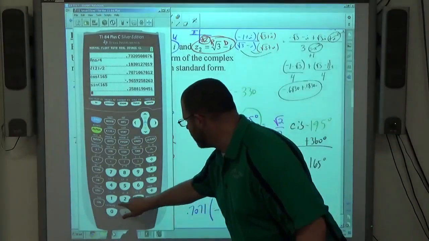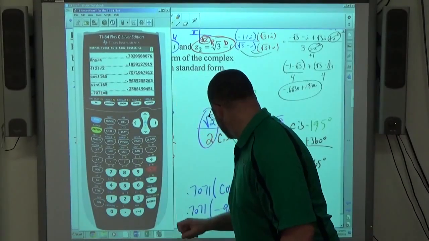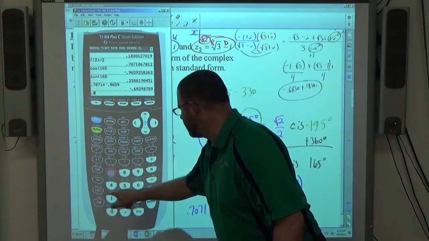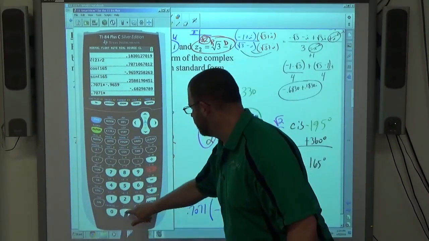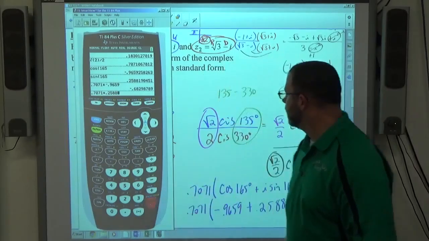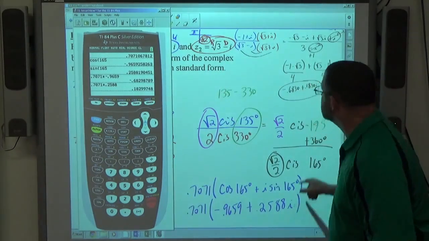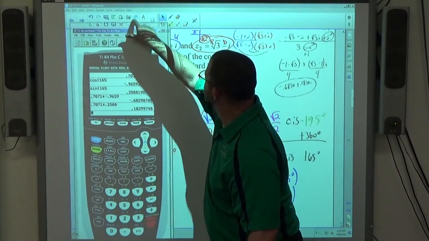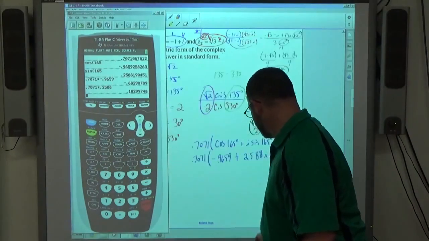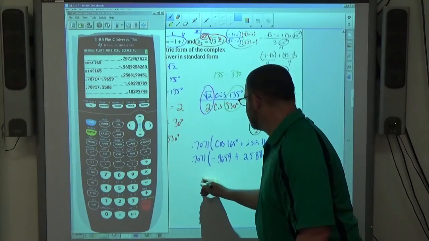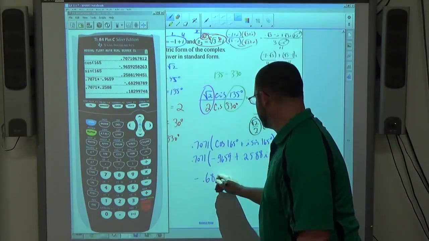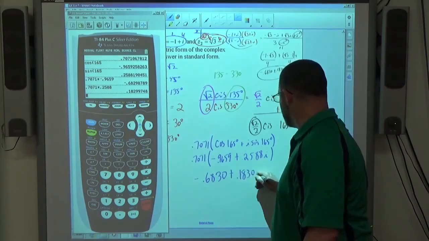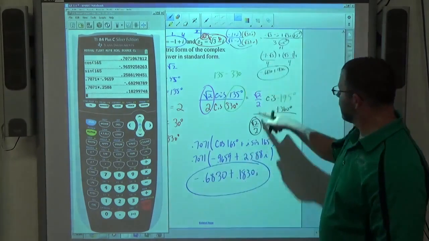So we get 0.7071 times negative 0.9659, and we get 0.7071 times 0.2588. That gets me negative 0.6830 plus 0.1830i, which is the same answer we got before.